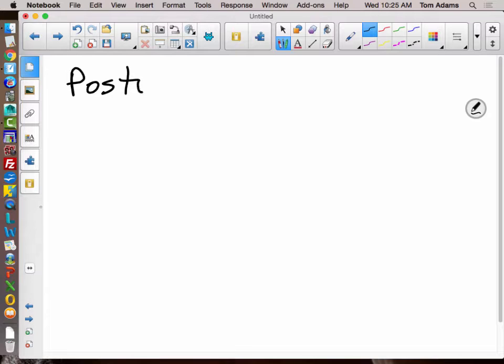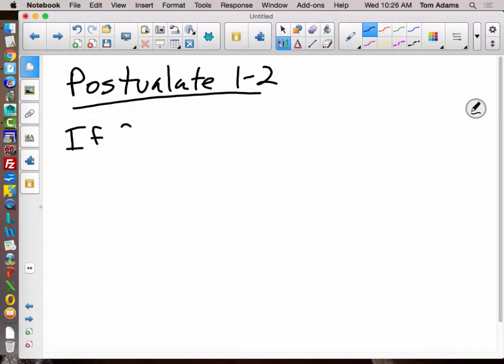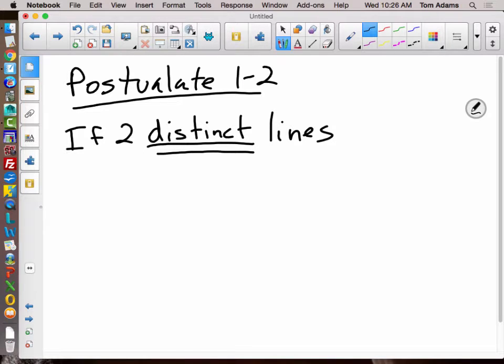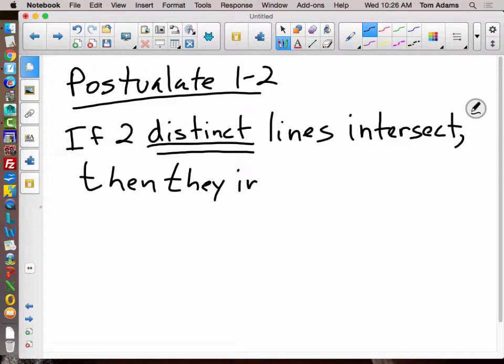Postulate 1-2. If two distinct lines intersect, then they intersect in, guess what I'm about to write next.